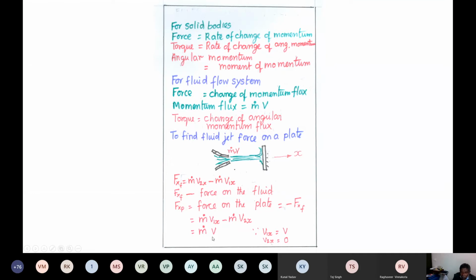So I get Fxp is equal to m dot v in the direction of x. Now we have given some explanation why it is m dot v1x minus m dot v2x, because from the basic equation, the force on the fluid is given as m dot v2x minus m dot v1x. But when you think of the force on the plate, even intuitively, it should be like this only, m dot v, and the force is in the direction of v on the plate.